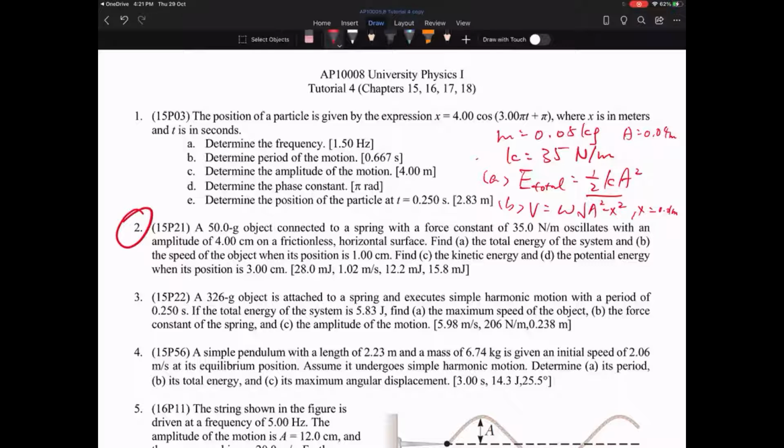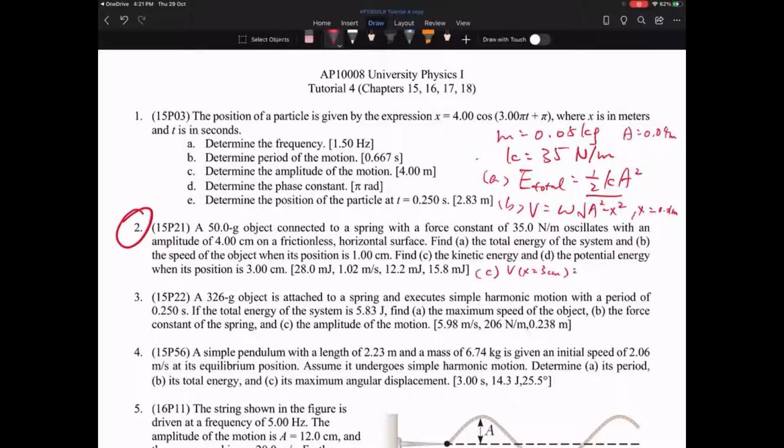And then in part C, kinetic energy at the position of 3 cm. So first, you have to decide what is the velocity at x equal to 3 cm.